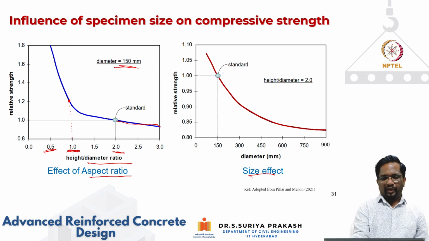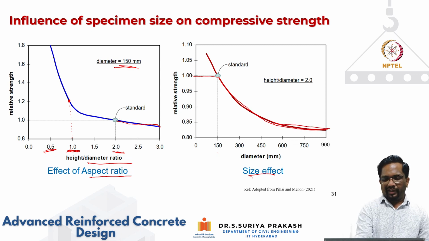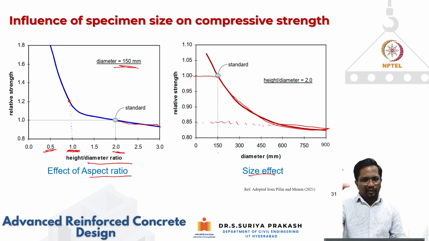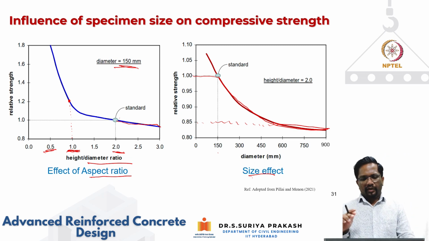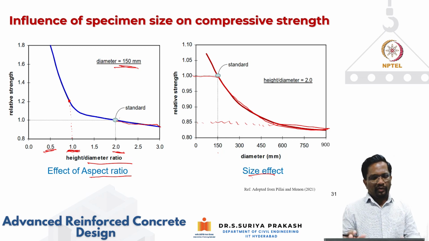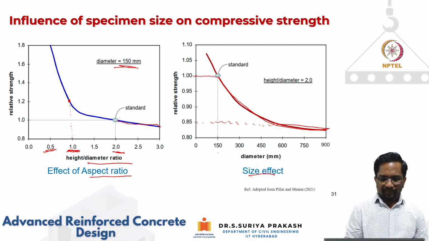So if you look at it here, if you say 150 mm, and keep the strength value as 1, if you go for a larger diameter, the strength is decreasing like this. And after a certain point of time, it plateaus. So the code is saying that if you look at this factor, it's about 0.85. That is why that 0.85 size effect factor is given there. That's why we multiply the fck by 0.8 multiplied by 0.85, which works out to be 0.67 fck.